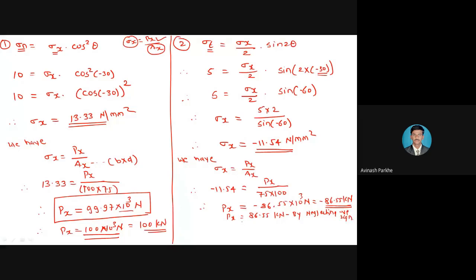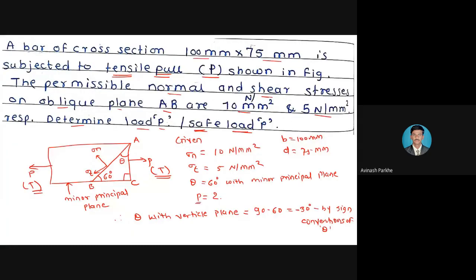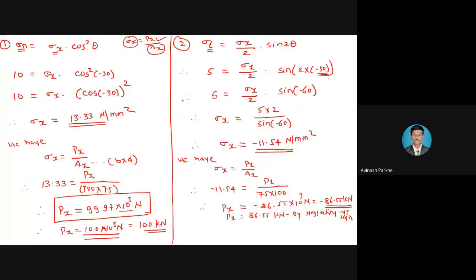Here, due to the theta value being negative, that's why you got the answer. But this theta value will not affect the tensile loading condition. Even if theta is present at the top side, bottom side, left side, right side, it will not affect the sign of the force applied. Therefore, whatever answer you get in the negative manner, we have to neglect the negative sign.